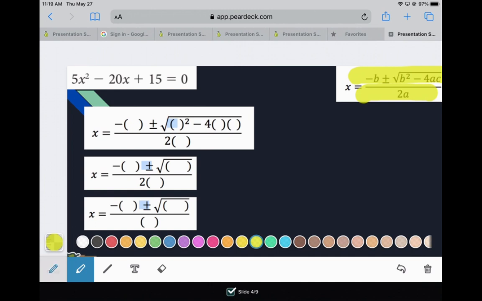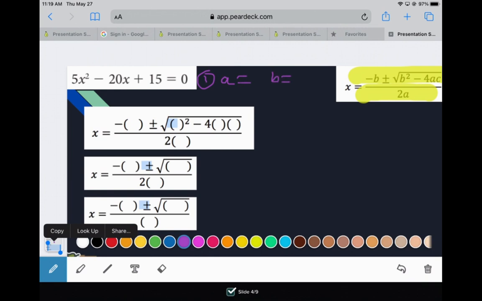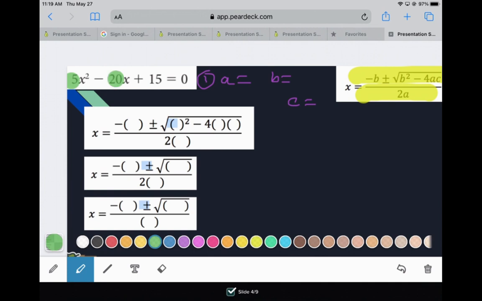Okay? So step number 1. I need to know my A, B, and C. Tell me what A, B, and C. What do you have? Which one is which?